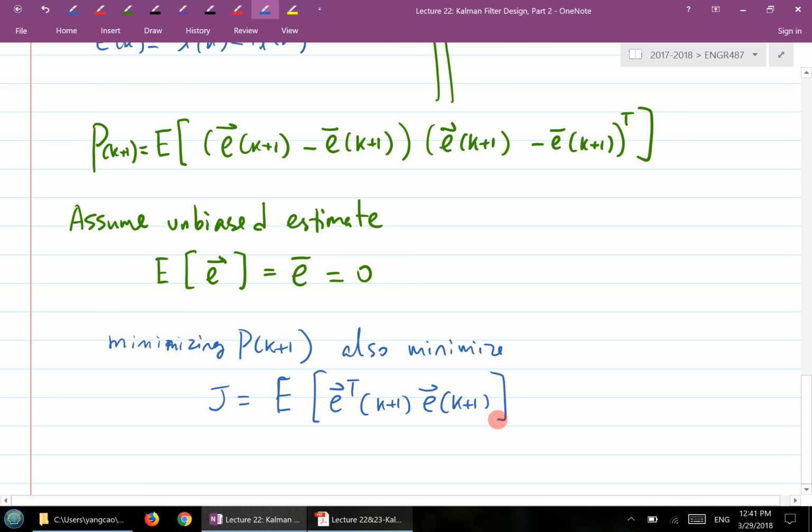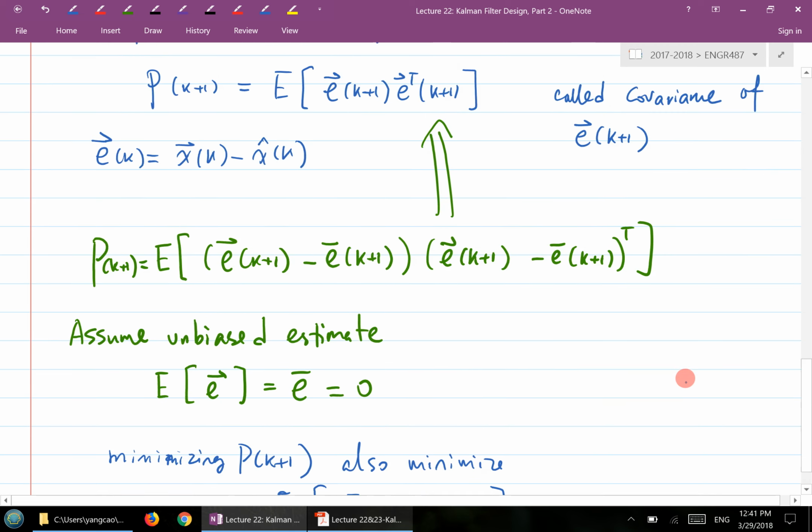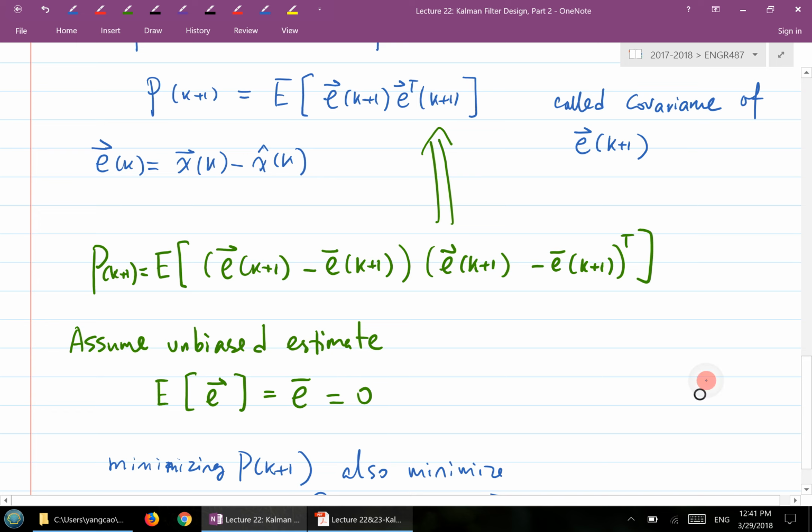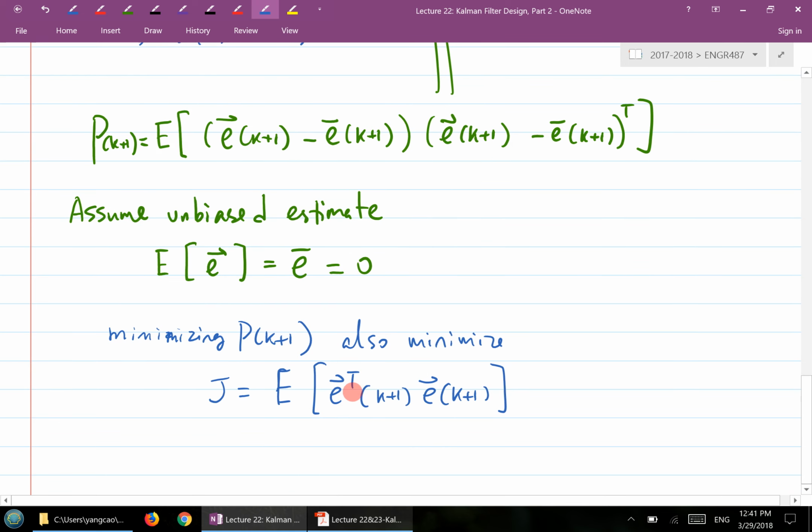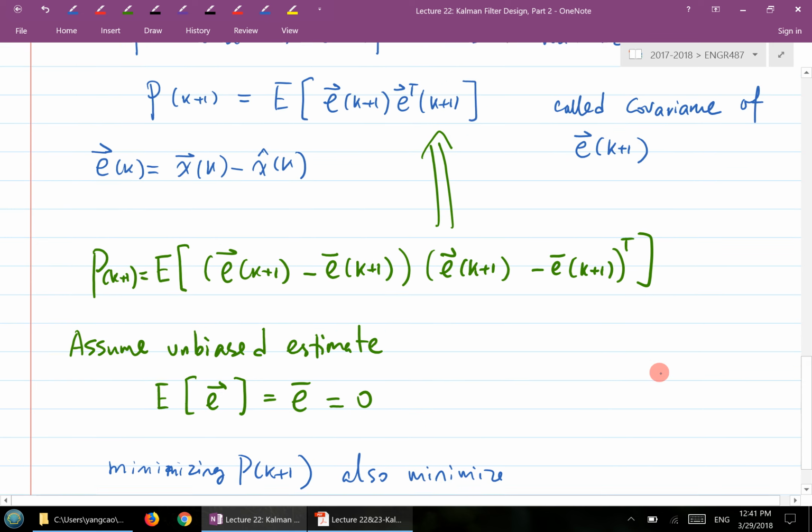What's the difference between this one and this one here? Well, there's a transpose here and a transpose over here. That's a fundamental difference.